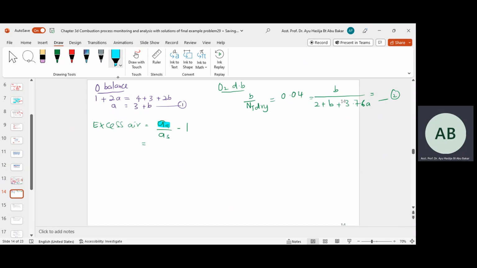Then from there you can get the excess air percentage. Bear in mind, the one that we are calculating over here is A actual. Don't get yourself confused.